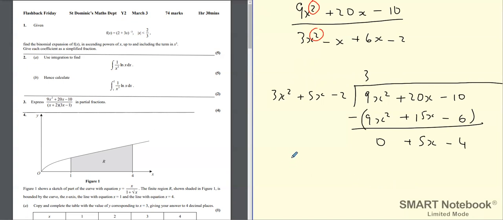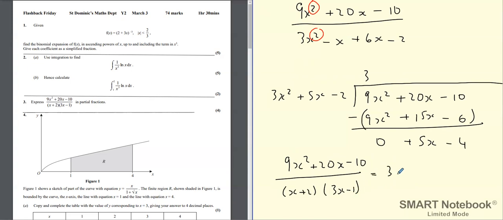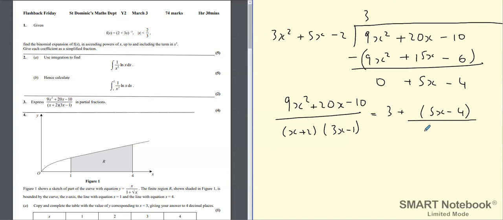So now we know that this original fraction, 9x squared plus 20x minus 10 all over x plus 2, 3x minus 1, can be written as 3 plus 5x minus 4 over x plus 2, 3x minus 1.